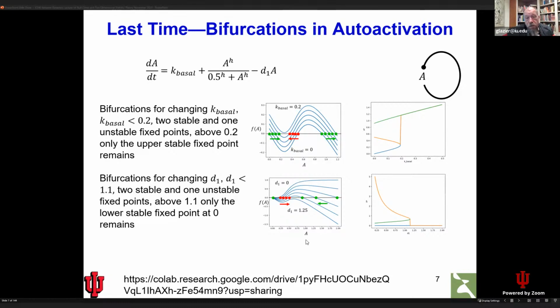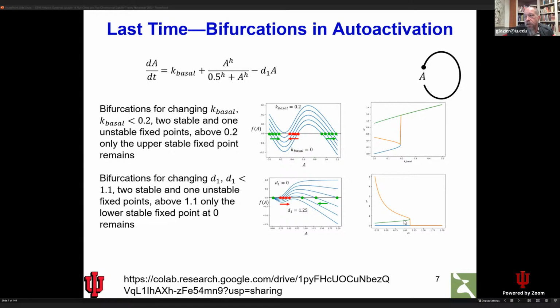If we get rid of the chemical very fast, no matter how much we dump in, we can't keep up with the elimination. We wind up with none. And that's what happens here. If D1 is 0, the stable fixed point is infinity, which we can't plot. As we increase D1, that upper stable fixed point comes down rapidly. The lower stable fixed point is always 0.